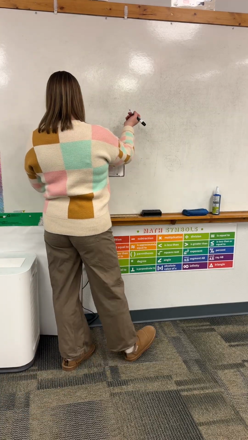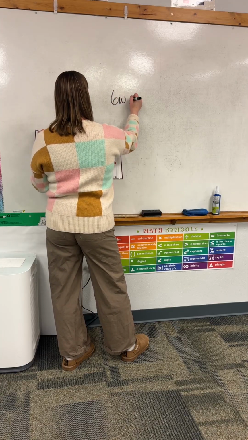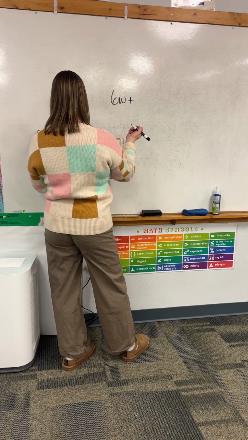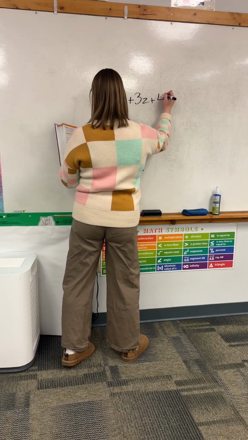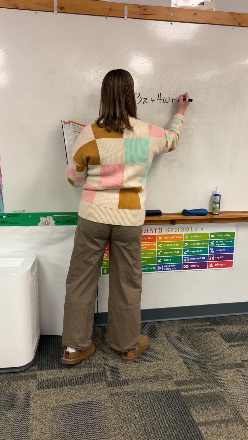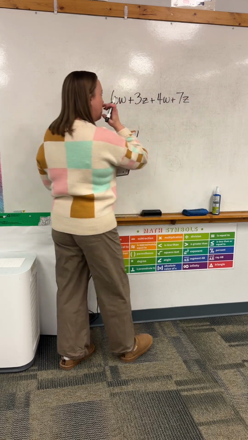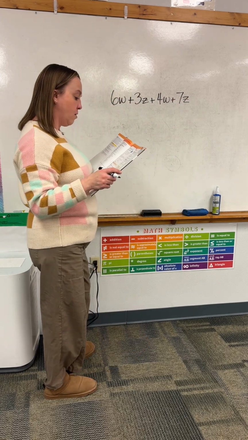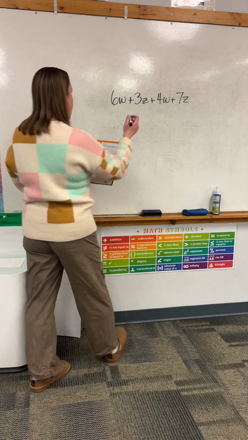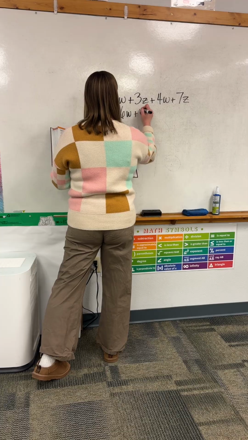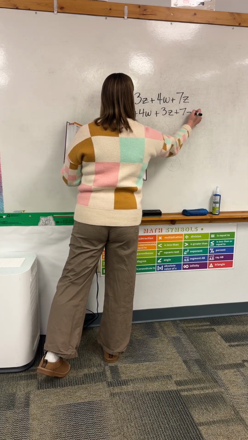All right, so this one is 6w plus 3z, I can't see this, plus 4w plus 7z. And so really, I'm going to put lines through here so I don't think they're 2's. Really what they're actually doing is they're just trying to move some stuff around to make it a little easier. So once we commute these, we have the 6w and the 4w together, and we have the 3z and the 7z together as well.